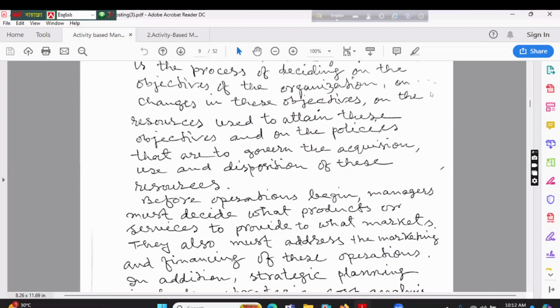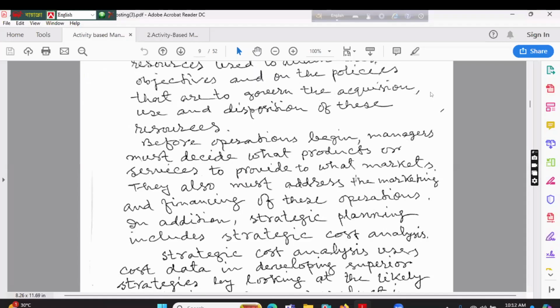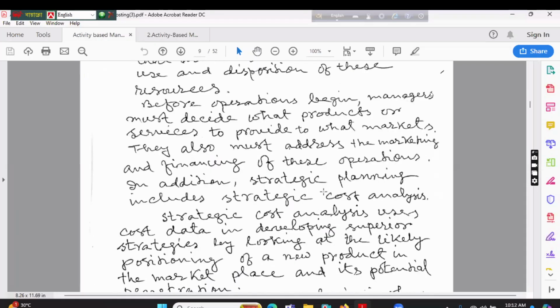Under strategic planning, we discuss strategic cost analysis. Strategic planning includes strategic cost analysis.